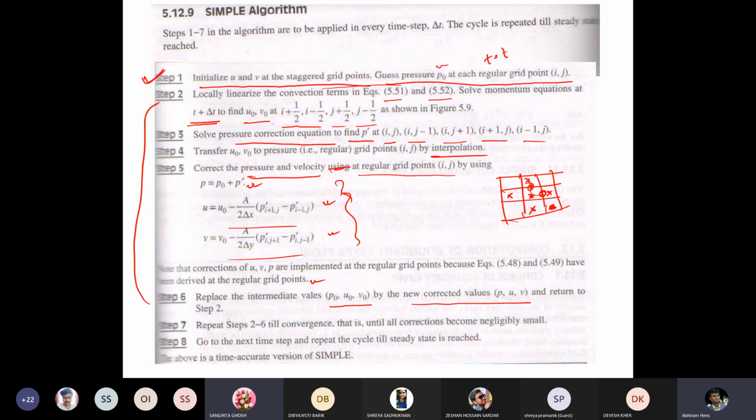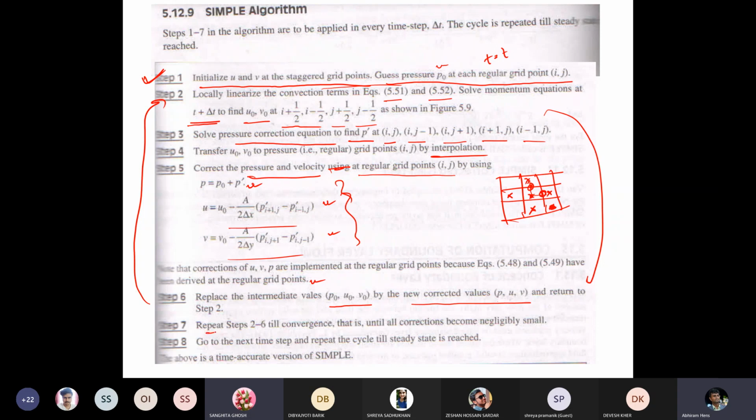Then you again go to step 2, and this loop you continue. From 2 to 6 this loop will continue until your pressure correction satisfies the continuity equation. That means your pressure and velocity coupling is properly taking place. So at each step you need to move through this iteration.